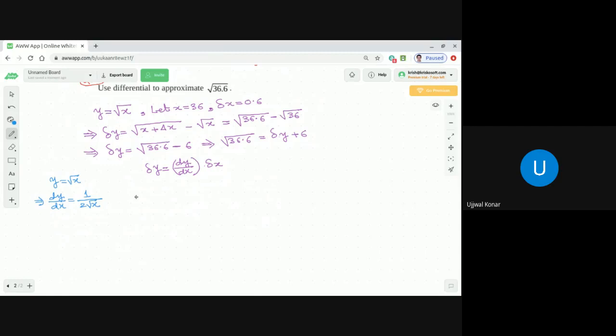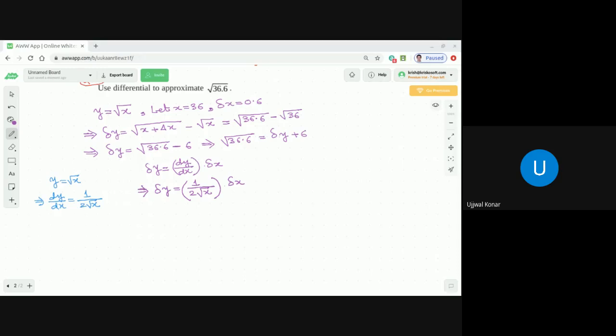So that value of dy/dx we should apply here. If we apply this value of dy/dx, what are we going to get? Delta y is equal to 1 by 2 into square root of x into delta x. So what is the value of x here, dear students?